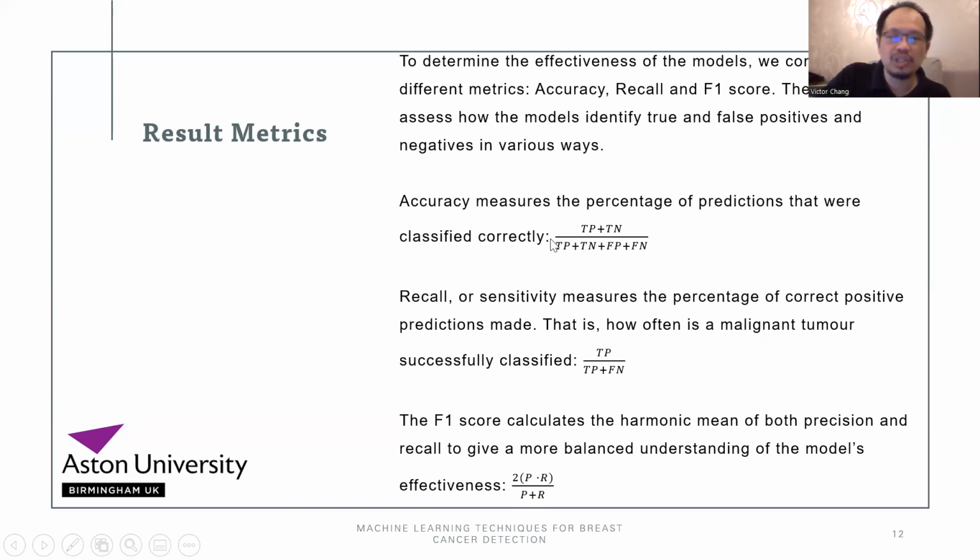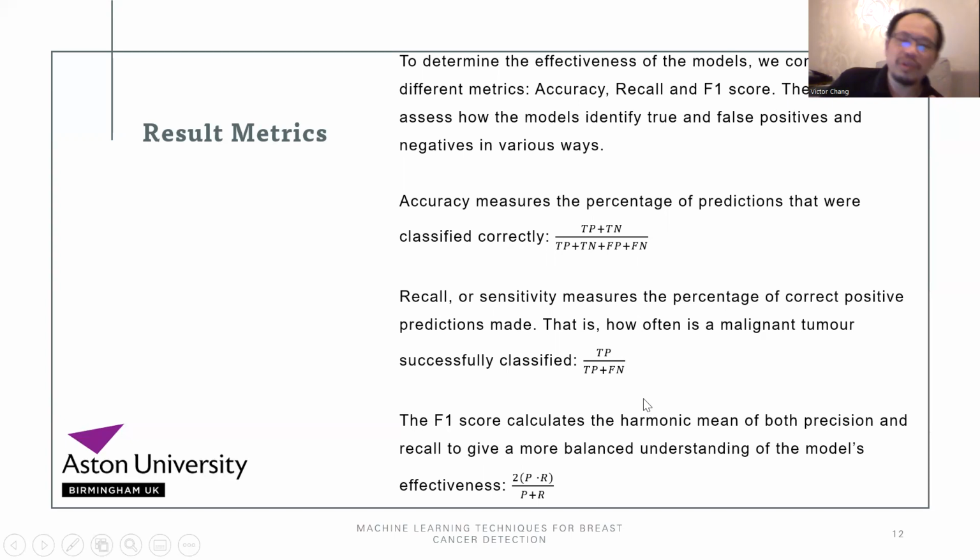By following this formula with accuracy, similarly we use recall, or sensitivity, which measures the percentage of correct positive predictions made. In this case, we have the malignant tumor successfully classified.